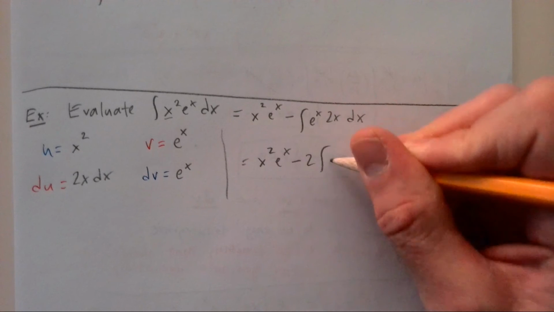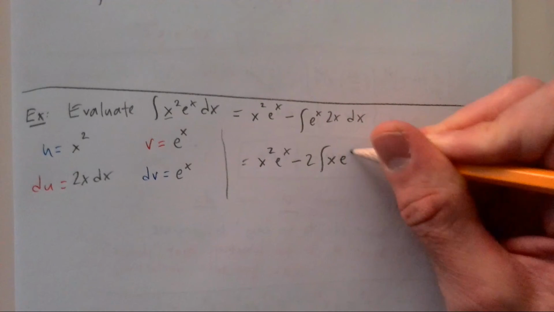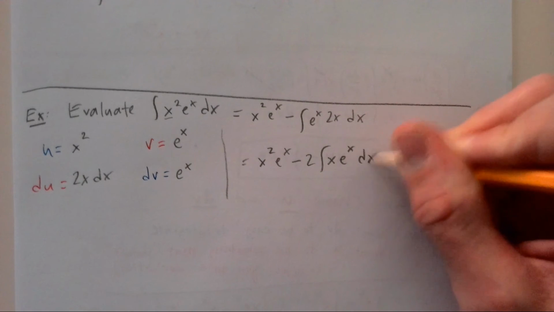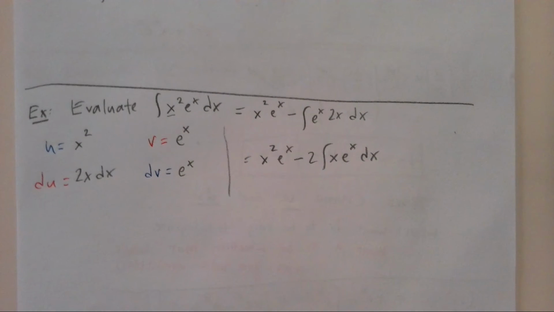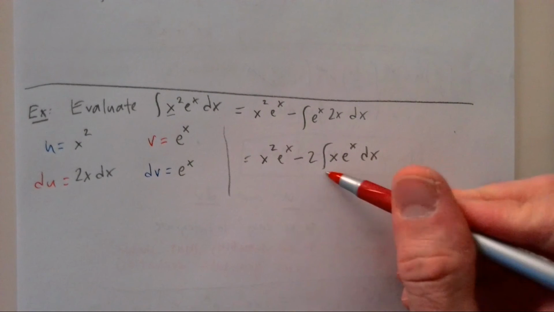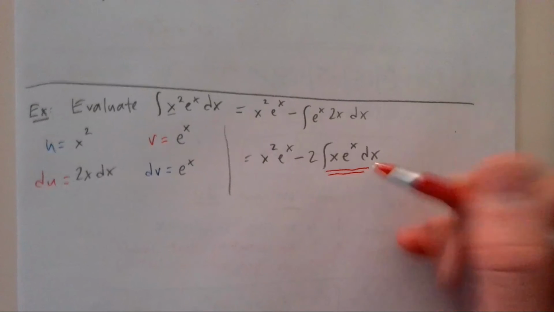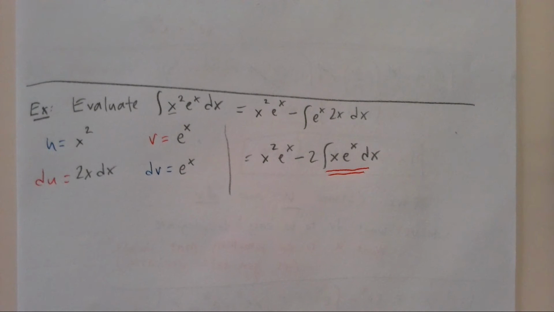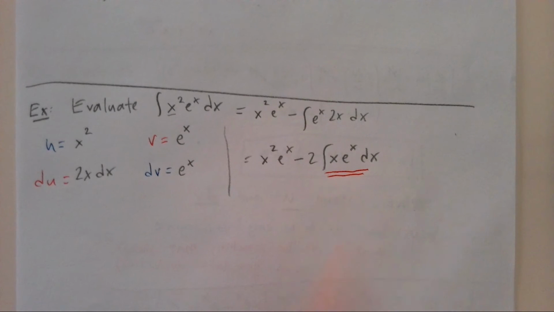So I'm going to factor out that 2. Now we have x e to the x dx. You may not notice, but this is actually the very first example we looked at in the last video, on the tail end of that video. So we already know how to do this one. We're going to have to do integration by parts again.